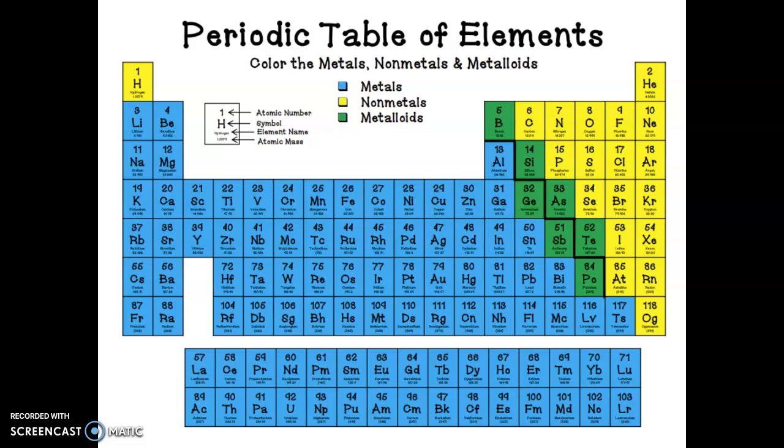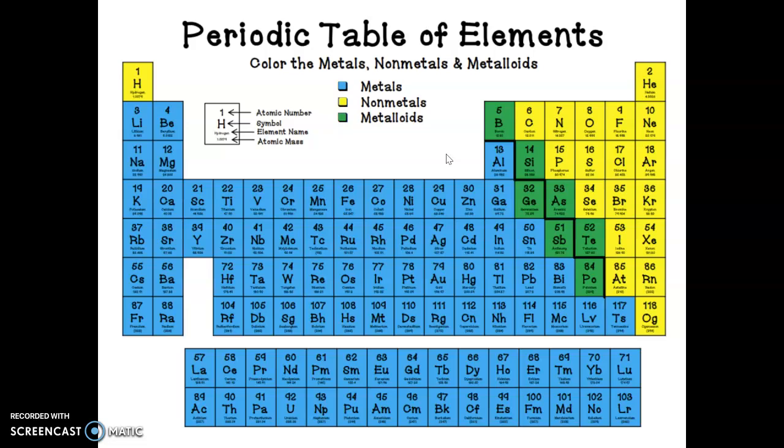So today, the biggest thing I want you to take away is, number one, being able to identify the different periods and the different groups of the periodic table, and then also being able to identify whether an element is a metal, a nonmetal, or a metalloid based on its position. You'll always have access to this color-coded periodic table.